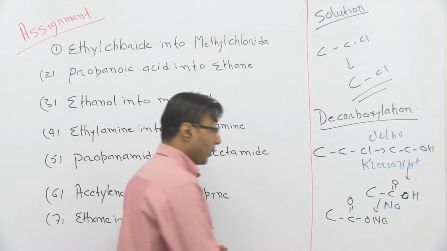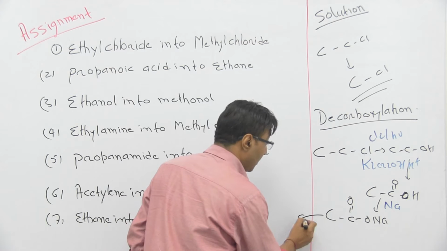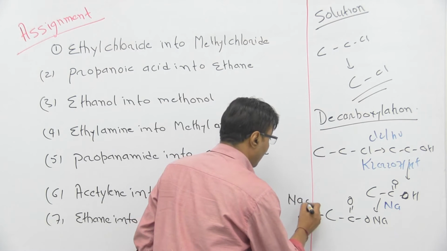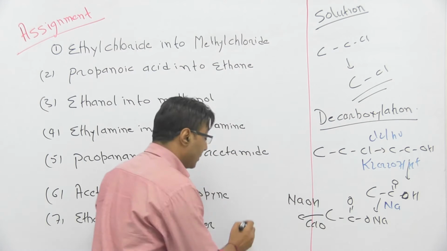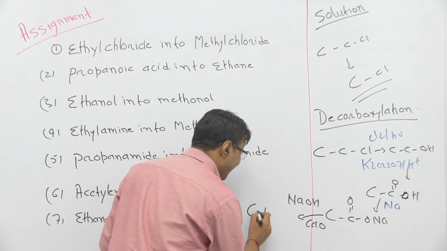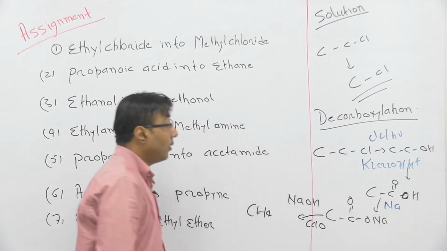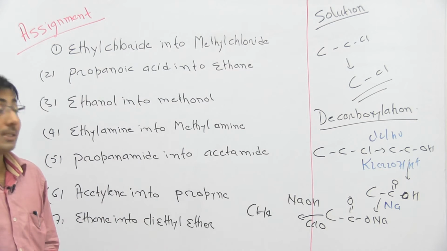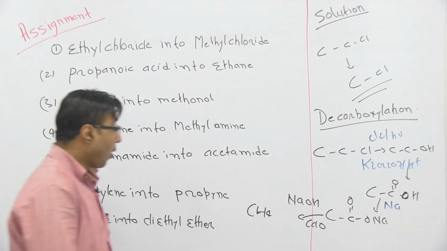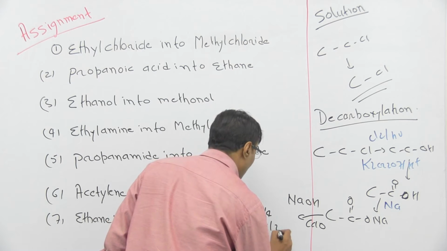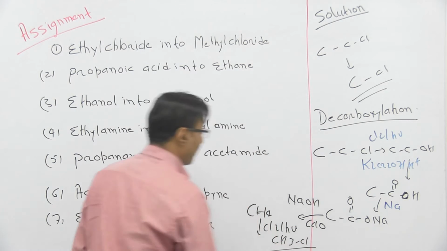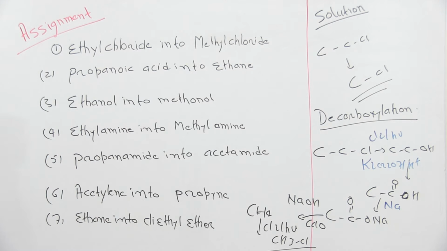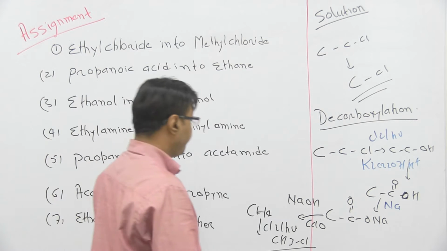Then what is the next step? The next step is, this is going to combine with NaOH and CaO, and this compound is going to give CH4. But our requirement is CH3Cl. So again Cl2 in presence of HNO, and we will get CH3Cl.